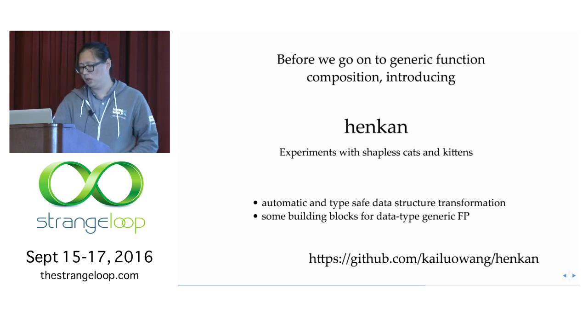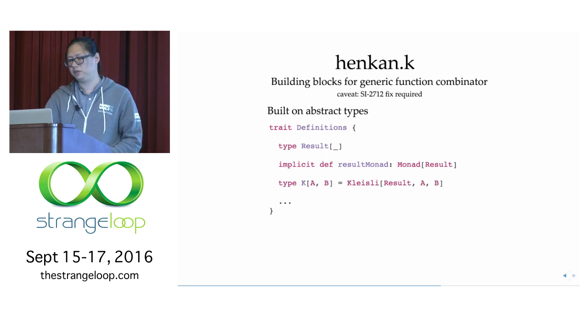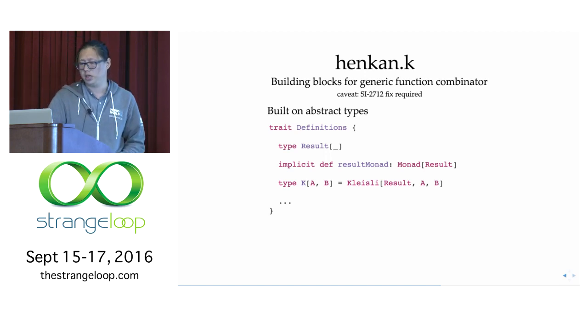So let's take a look. First, we have to define some types. So the whole idea of the Hankin K module, which is one of the modules Hankin provides, is to provide building blocks for generic function combinators. And the core idea is to do that using type classes.